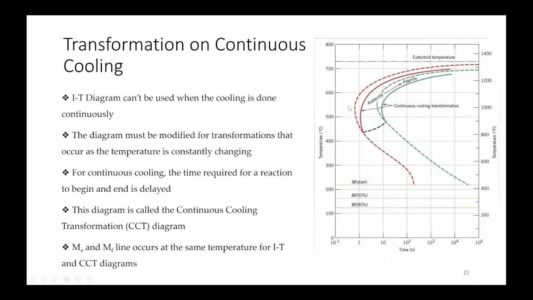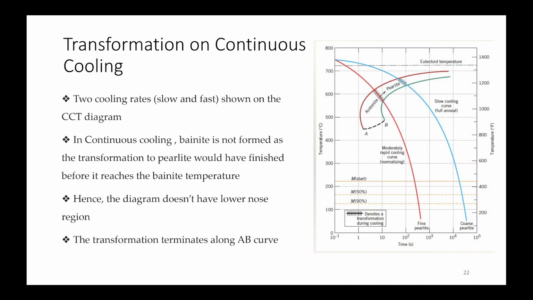Now if you match all those lines, you'll get your transformation curves. You can simply go and see your eutectic type of diagram. Those are the simplest ones, rather than going to the iron carbon diagram first.